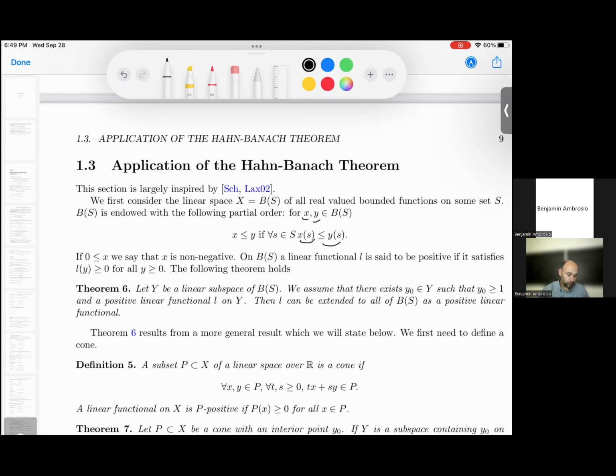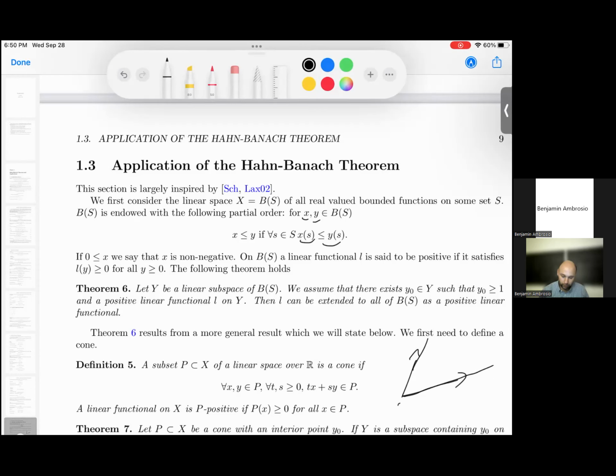So, in fact, to prove theorem 6, we are going to consider a more general setting, and we will work with cones. So, what's a cone? Something like that. For example, in R2, this is a cone.